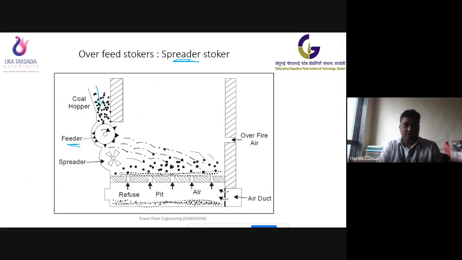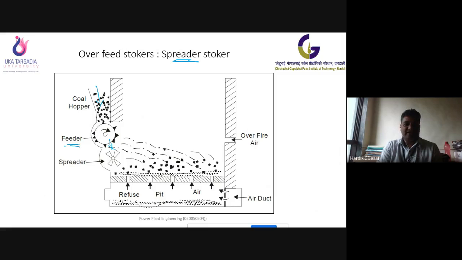After that, you will have the spreader. This crushed coal will move to this spreader, or you can say distributor, having a number of blades at different angles. The speed of the spreader and the feeder and the inclination of the angle of this blade depend upon the rate at which we want to burn the fuel, the rate at which we want the steam generation to happen.